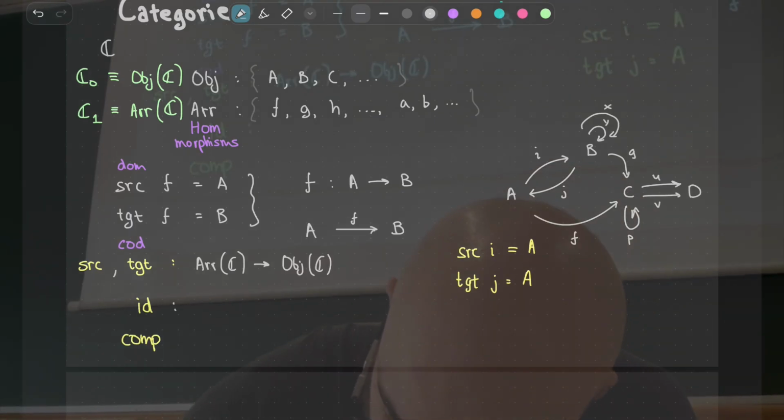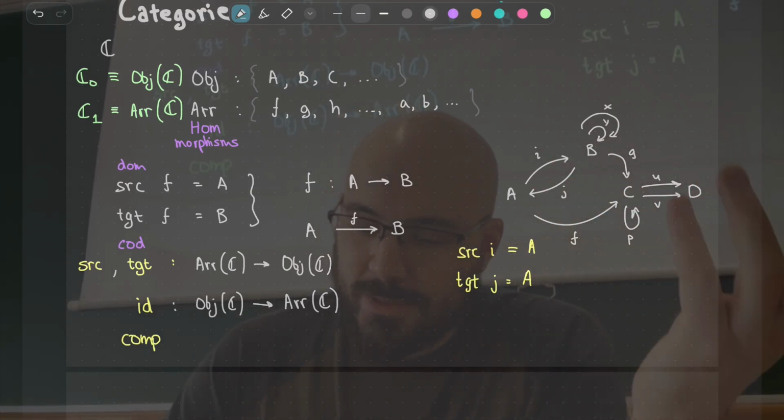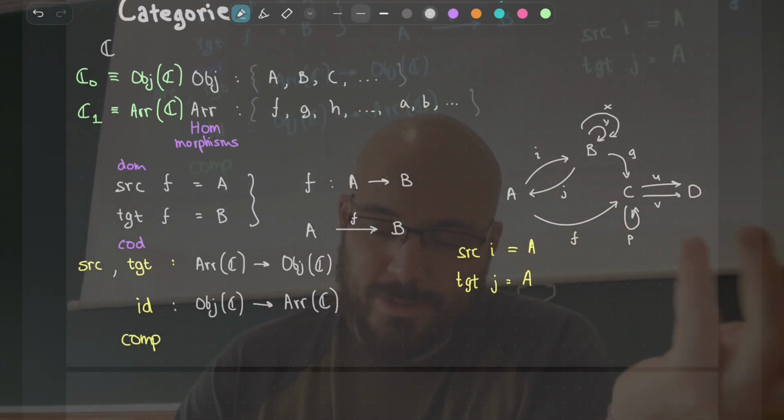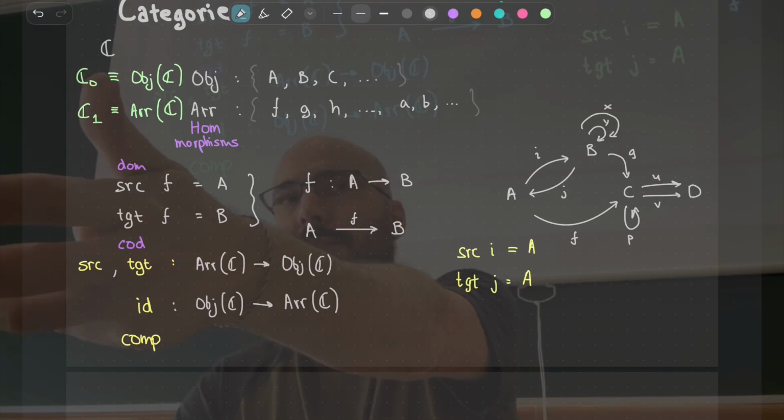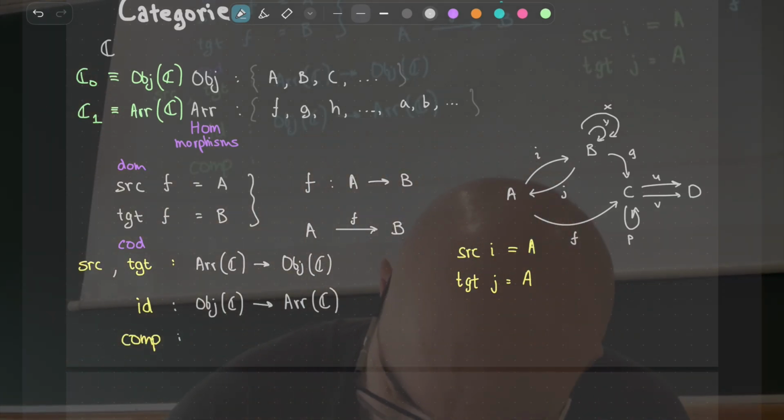So this means that the identity goes from objects to arrows. Does that make sense as a meaningful question? What is the identity of B? And the category has to give me back a certain arrow.